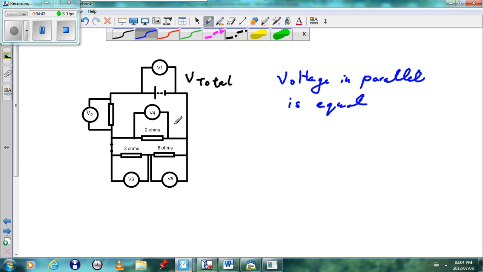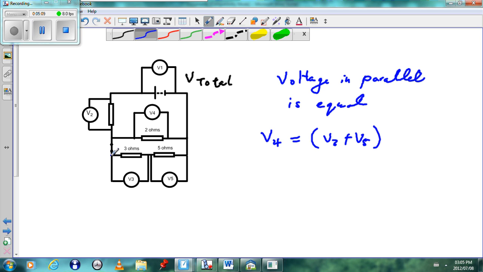So if you look at this diagram here, we can see that V4 will be equal to the potential difference of V3 and V5 combined.